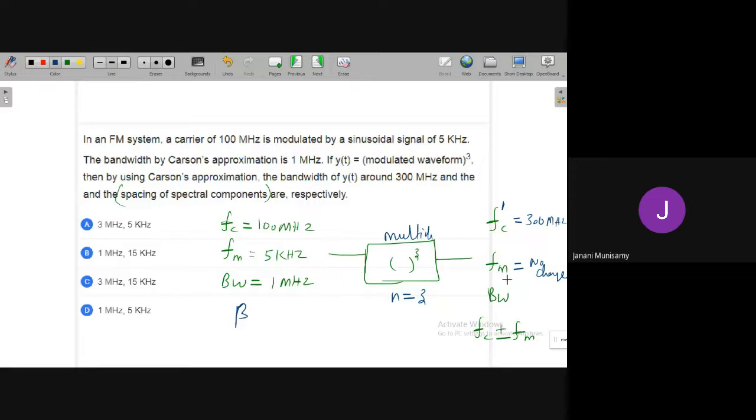So instead of 1 megahertz, the new bandwidth will be 3 megahertz. But even though the bandwidth is 3 megahertz, there is no change in the FM. Once there is no change in the FM, the spectral components will not have any difference.